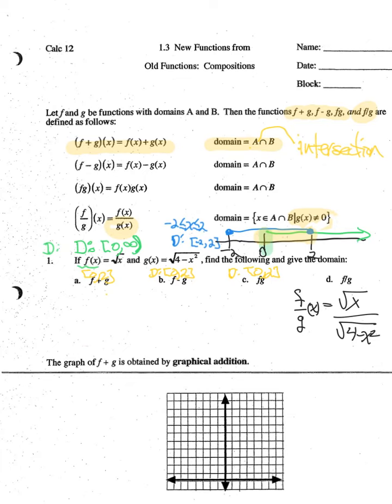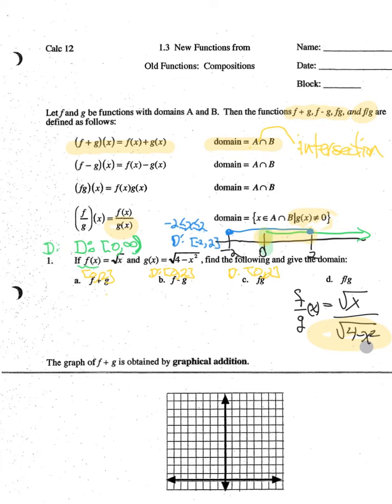And our domain when we're dividing means we can't have a denominator of 0. So what values in this domain from 0 to 2 make that denominator 0? Well, of course, if x is 2, we get 4 minus 4 in the denominator, and no can do.